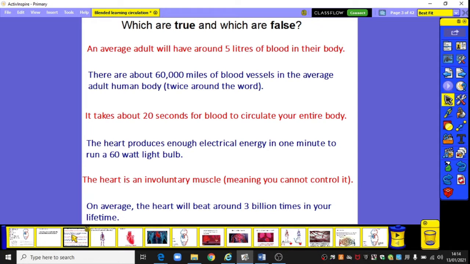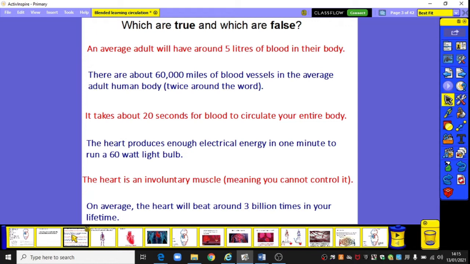The heart produces enough electrical energy in 1 minute to run a 60-watt light bulb. The heart is an involuntary muscle, meaning that you cannot control it. And on average, the heart will beat around 3 billion times in your lifetime.